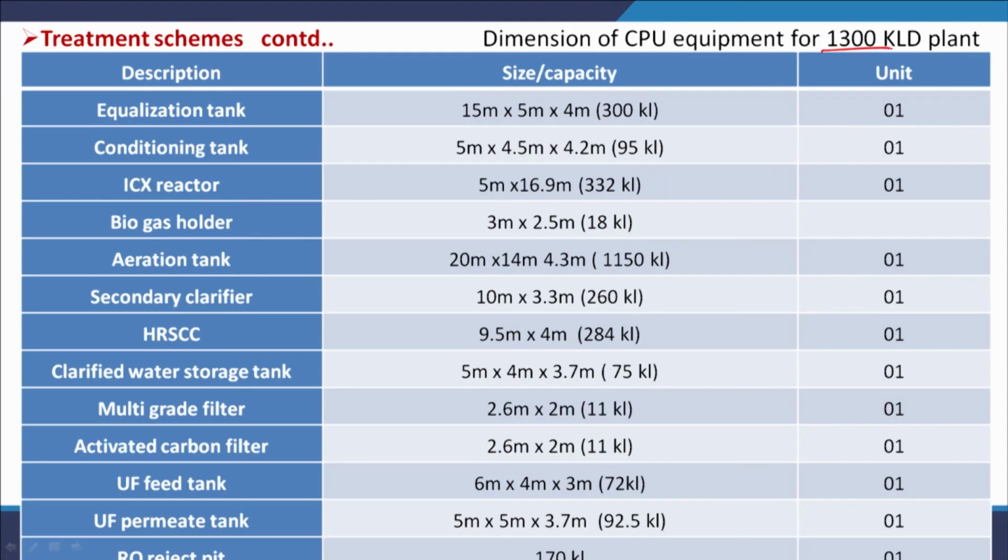This slide shows us the requirement of different treatment units for a 1300 KLD CPU plant, with 1300 KLD treatment capacity, the different units, their typical size which are required and the number of units.